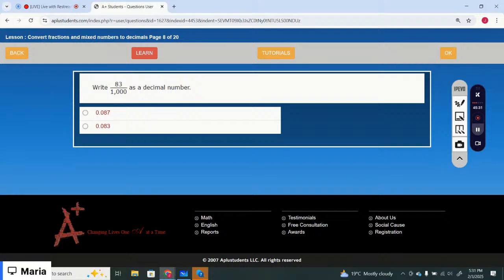Write 83 over 1000 as a decimal number. That is 0.083.